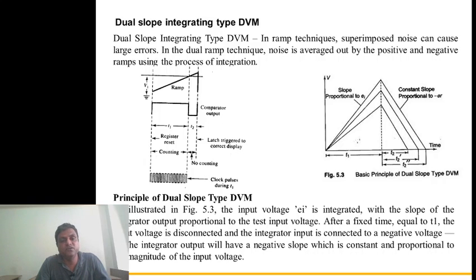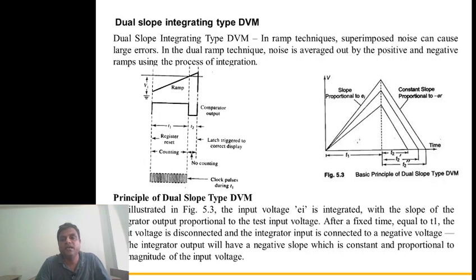Then it goes to the comparator, and the comparator divides it into two parts, called T1 and T2. In the T1 duration, the ramp starts from some negative value and ends at the 0 point, and when it goes to the positive, the comparator output becomes negative.